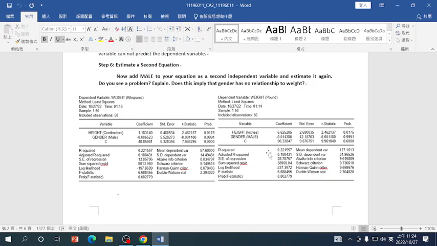Holding gender as constant, if there is a 1 inch increase, then there will be a 6.625 pound increase.